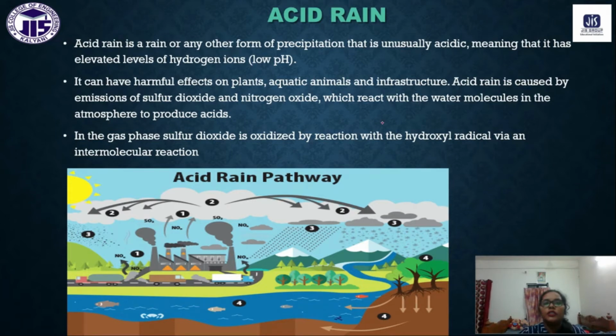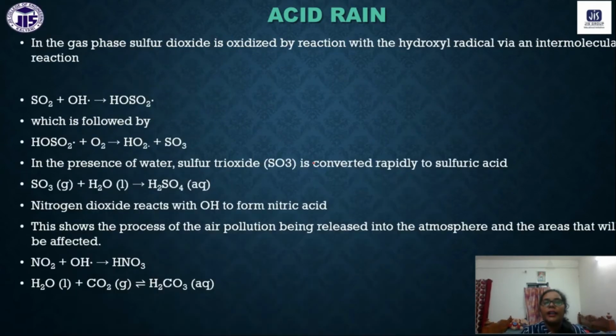Generally, these are some of the reactions that we have in acid rain. The sulfur dioxide will first produce SO3 with the help of oxygen. That SO3 will attach with the water molecule and form sulfuric acid.